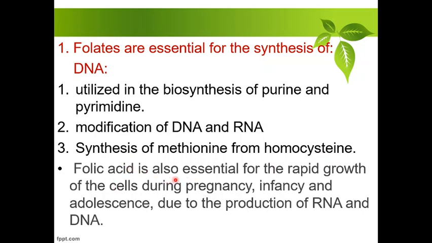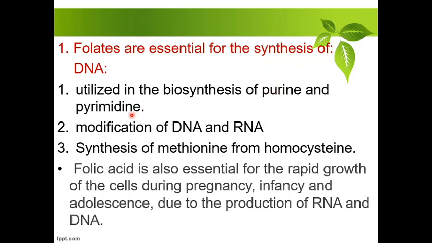Folic acid is also essential for the rapid growth of cells during pregnancy, infancy and adolescence due to the production of RNA and DNA. क्यों? देखो यार, प्यूरिन की सिंथेसिस हो रही है, पायरिमिडीन की सिंथेसिस हो रही है, and during this synthesis the folic acid is required. Where they are utilized, purine and pyrimidine?